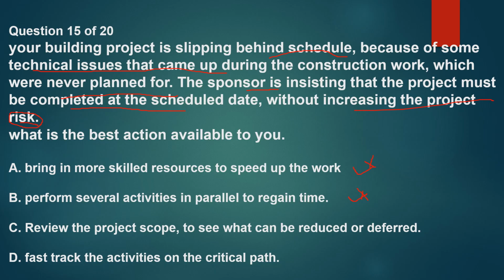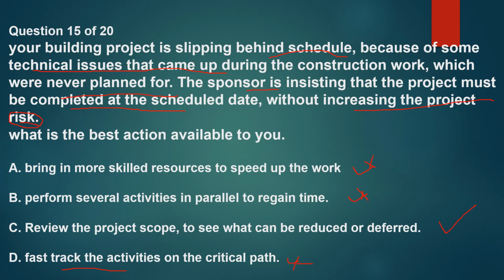So now let's look at fast tracking. D says fast track the activities on the critical path. Yes, you can do this, but still, fast tracking can add risks to the project. So now let's look at C. Review the project scope to see what can be reduced or deferred.